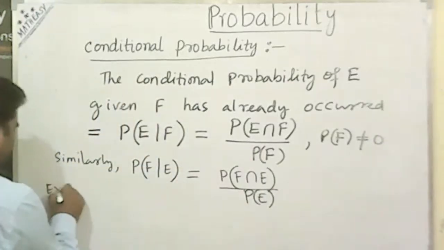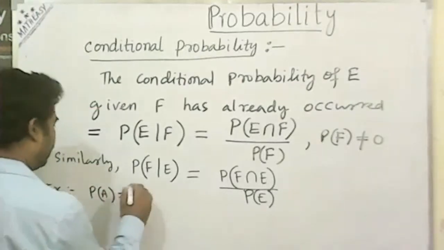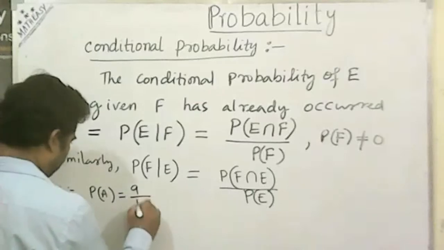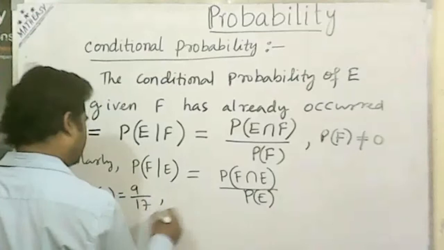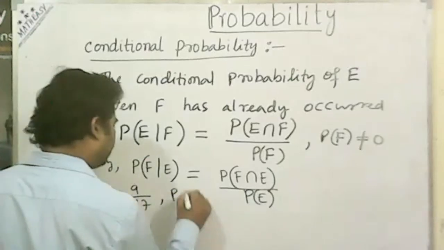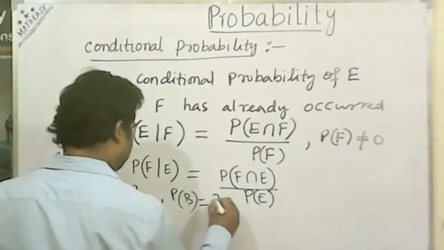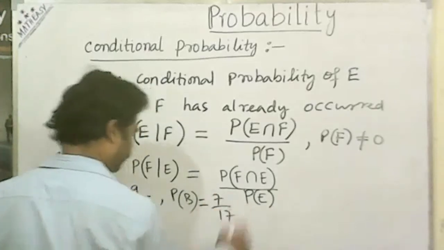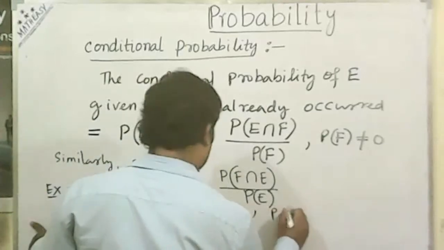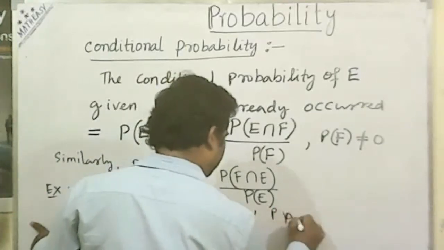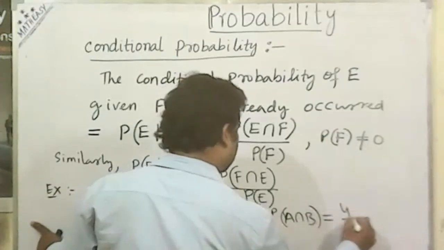Now take one example. Suppose probability of A is given as 9 by 17, probability of B is given as 7 by 17, and probability of A intersection B is given as 4 by 17.